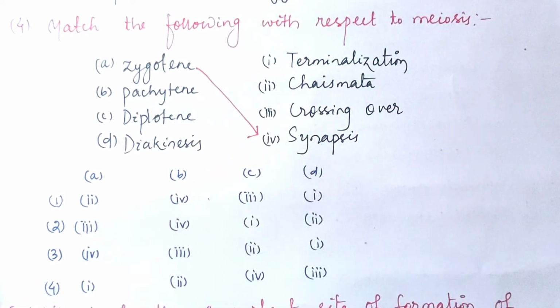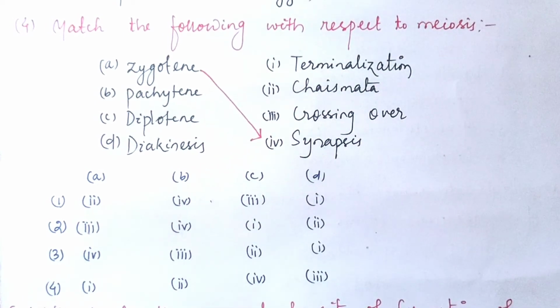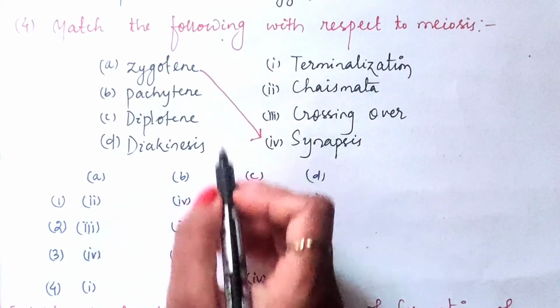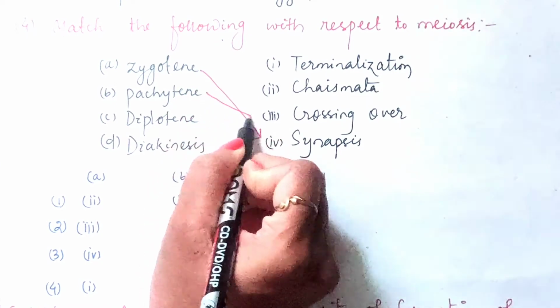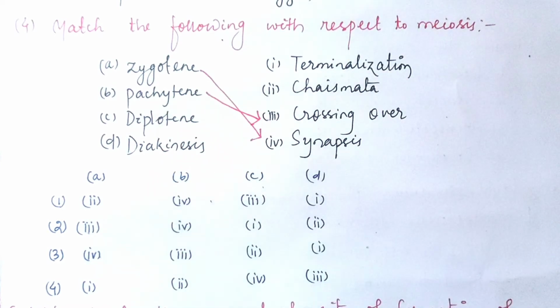Then in pachytene, here chromosomes start shortening, thickening, separating into 4 distinct chromatids joined at the centromere, and also crossing over takes place. So in pachytene, crossing over takes place. Then diplotene.